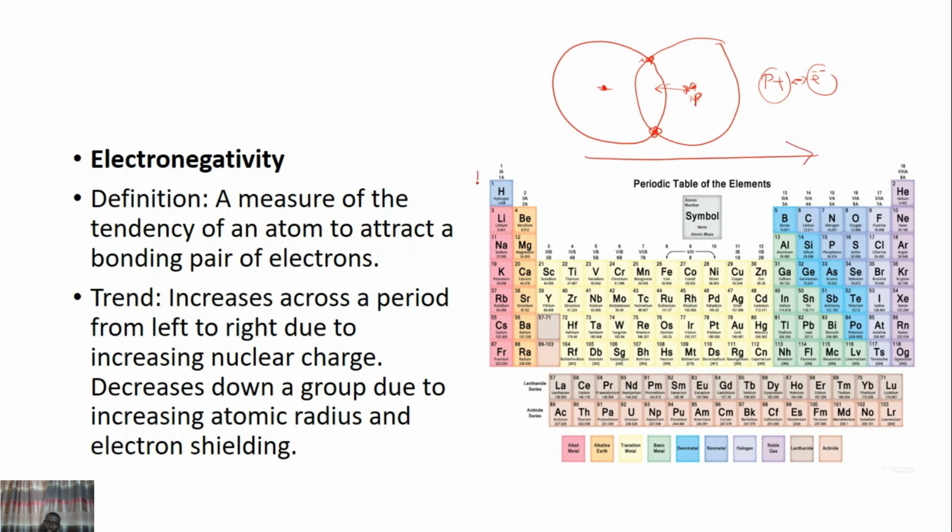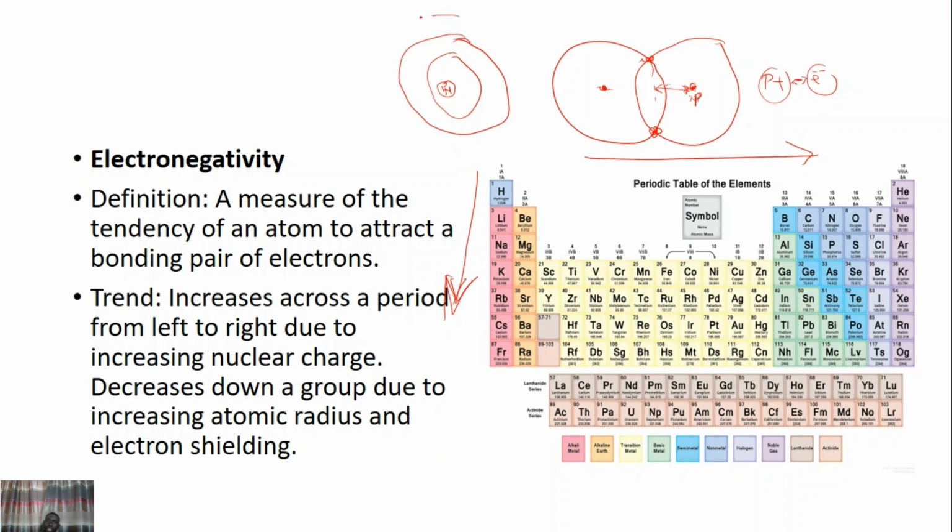But when you are moving down the group, what happens? Let's reason it out. I told you that the force of attraction between the nucleus and the electron, that's electronegativity, the protons pulling the electron towards themselves, depends on both the number of charges in the nucleus and the distance. As we move down, the distance between the nucleus, which contains the protons and neutrons, and the outermost shell increases, right?